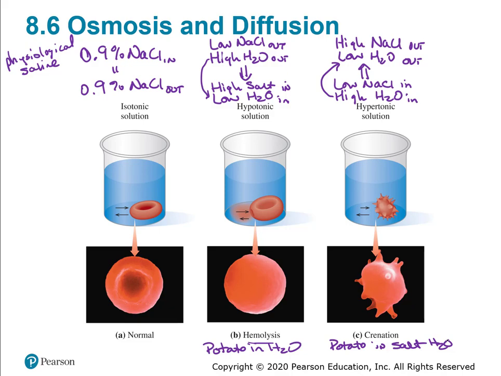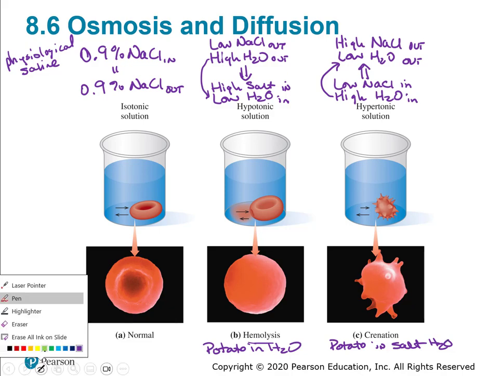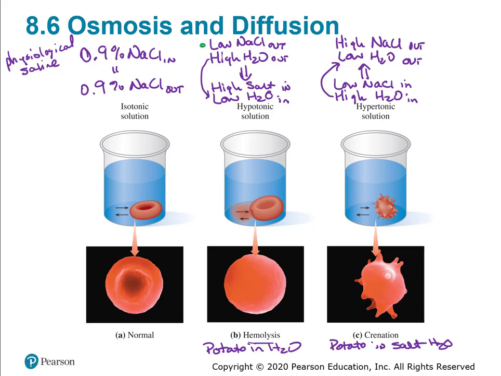Go ahead. The two arrows. Okay. So when we talk about hypotonic, hypo is low. Tonic is solute. And it's always referring to outside, right? So see how it's low salt outside? That's hypotonic.